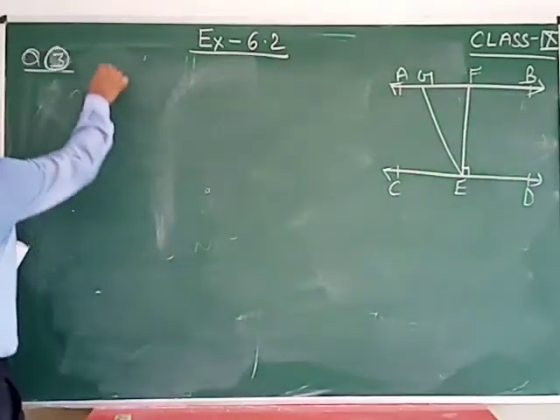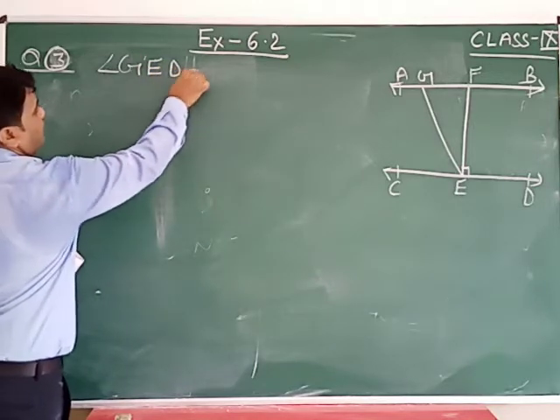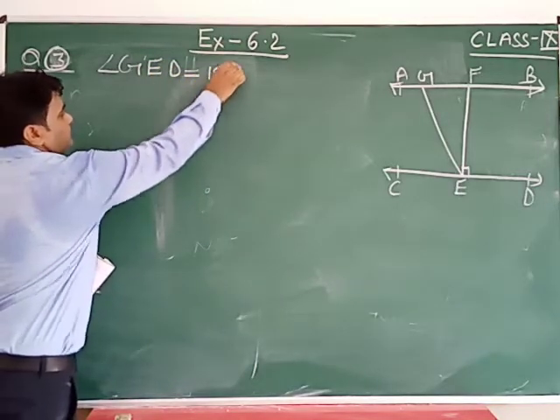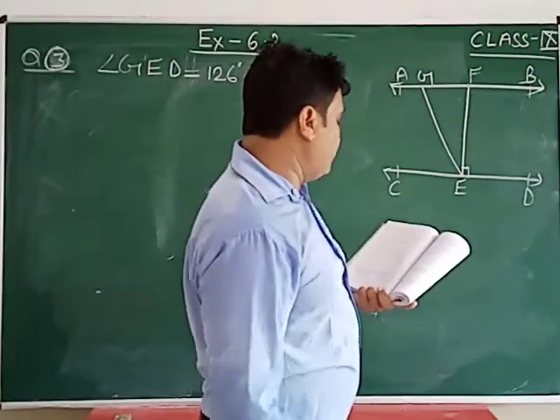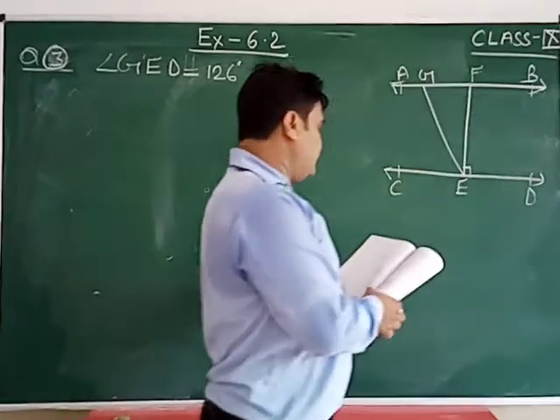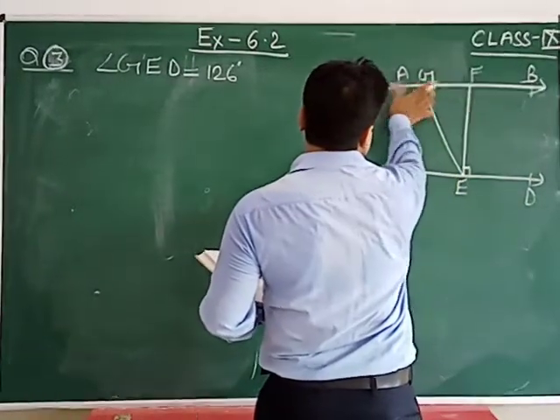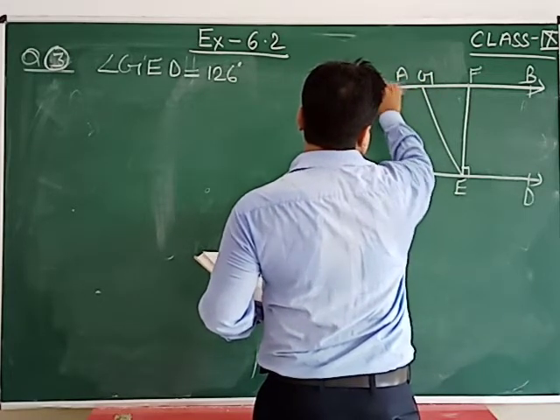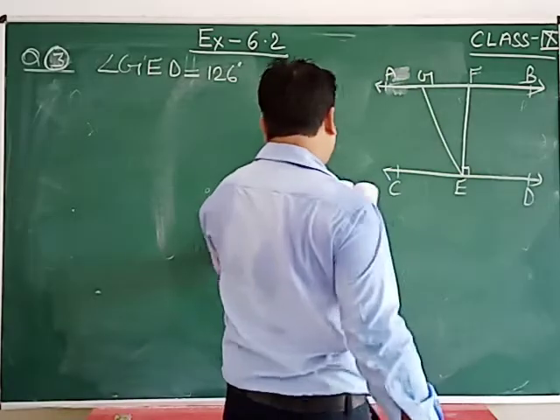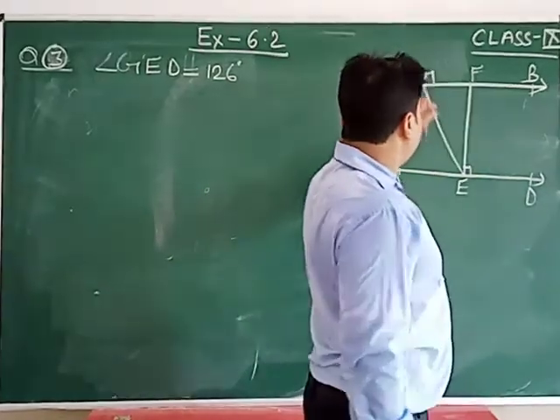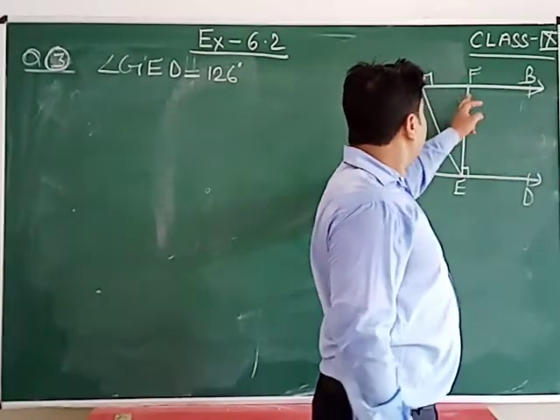Angle GED is 126 degrees. We have to find angle AGE, angle GEF, and angle FGE.